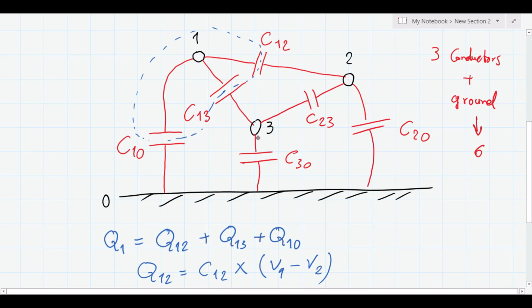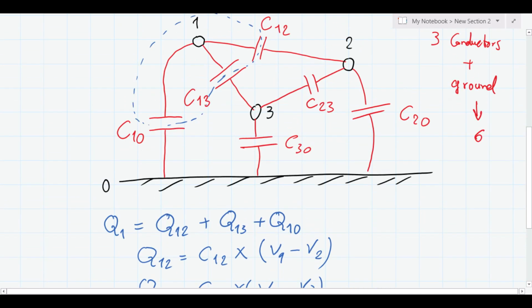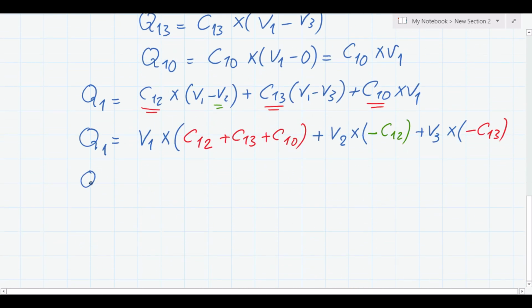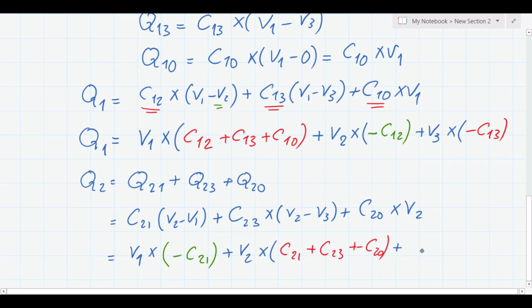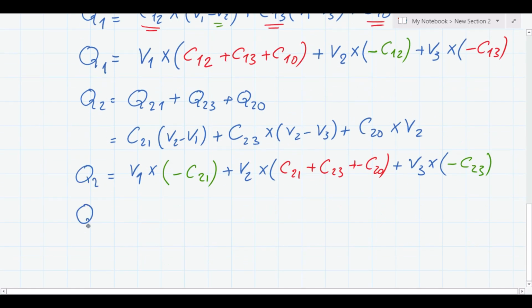I'll do it very fast without speaking, you just follow the lead. I'll keep the order: put V1 here, then V2, then V3. And doing this for the third conductor leads to these equations.